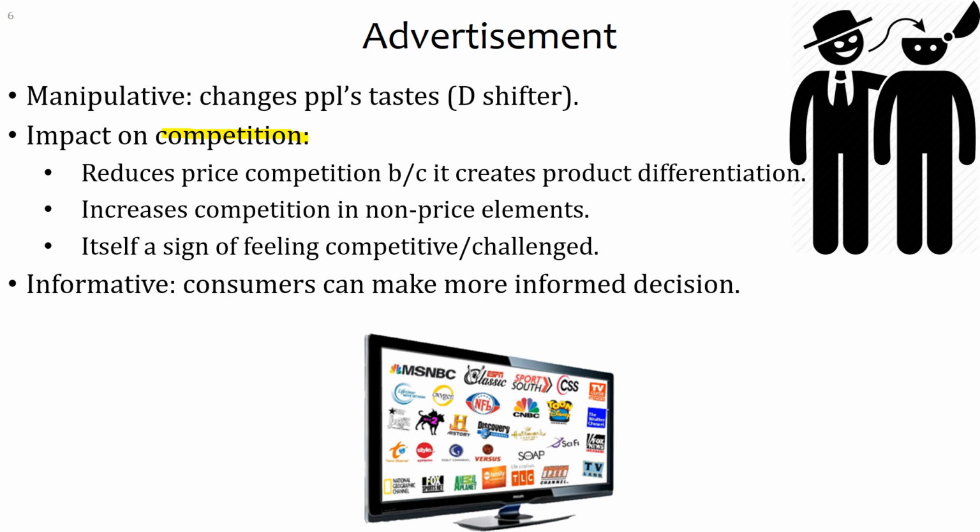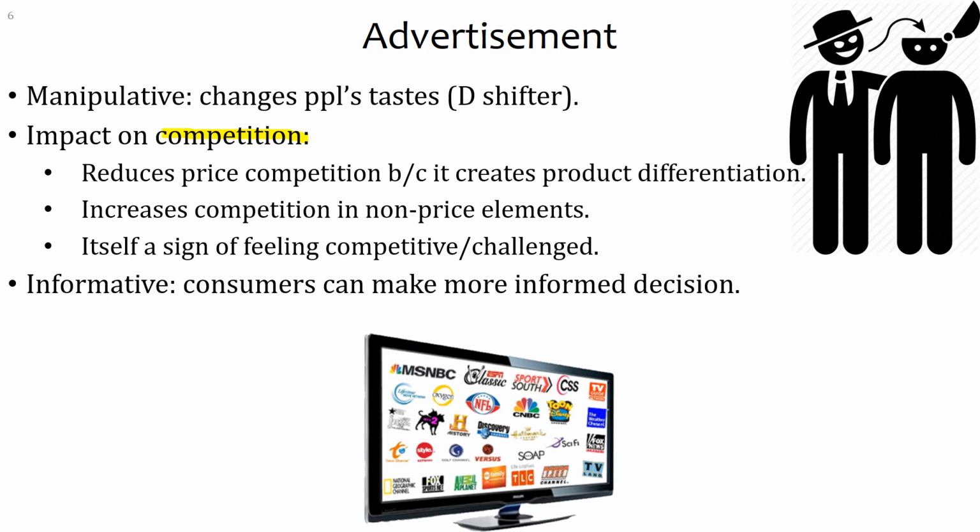Another very important aspect of advertisement, which is often ignored, is that advertisement is informative. Consumers can make more informed decisions. Okay, so the idea is that consumers are not these mindless people who can easily be manipulated. That gets a lot of emphasis in psychology and also in marketing, and usually advertisement is used with a negative connotation, but there is also this informative element to advertisement, because people are not stupid, right?